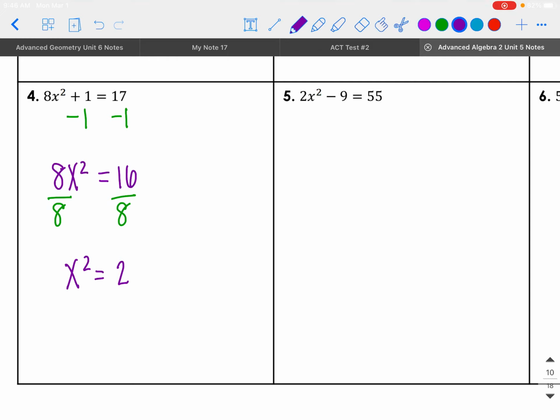Since they weren't both perfect squares, I didn't want to leave it as a fraction. And then we take the square root. Now 2 is not a perfect square, but there's not a perfect square other than 1 that goes into it. So we actually just leave our answer as plus or minus square root of 2.